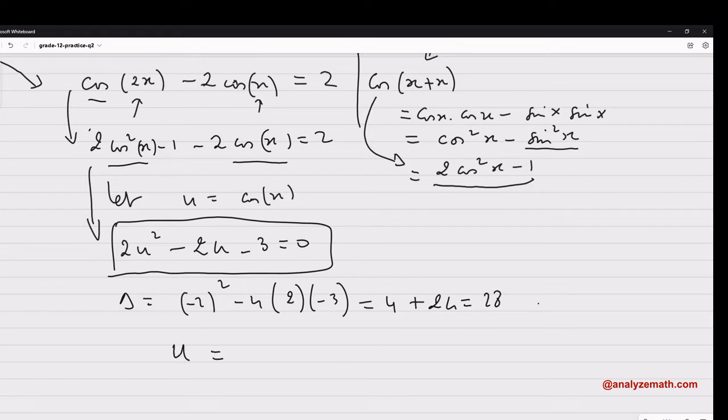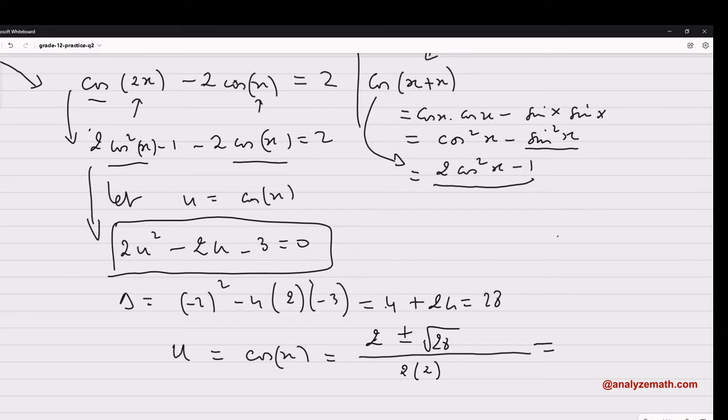U, which remember is equal to cosine x, is equal to the two solutions given by the quadratic formula: minus b, the coefficient 2, plus or minus the square root of the discriminant, 28, over 2a, 2 times 2, which gives me 4.